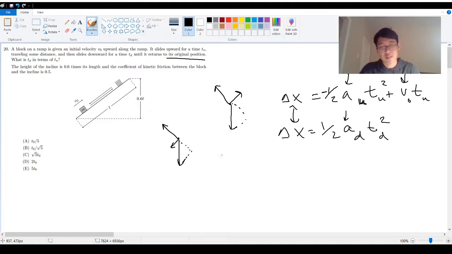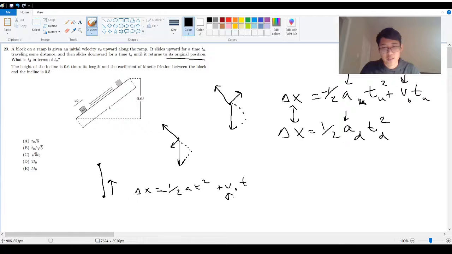The reason we can do this is the same reason why, say you wanted to find the time it takes for something to reach its maximum height. You throw a ball straight up. The equation for throwing it up is delta x equal to negative 1/2 a t squared plus v0 t.